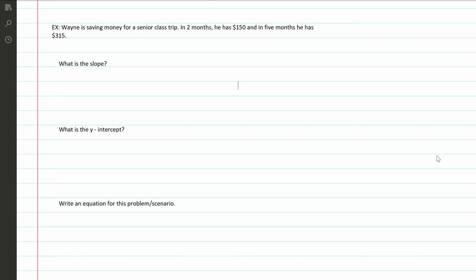So we've all found slope before, right? We find slope with the slope formula. Y sub 2 minus y sub 1 over x sub 2 minus x sub 1. Now let's look at what they give us. They say in 2 months he has $150. Let's write that as the first ordered pair. And in 5 months he has $315.